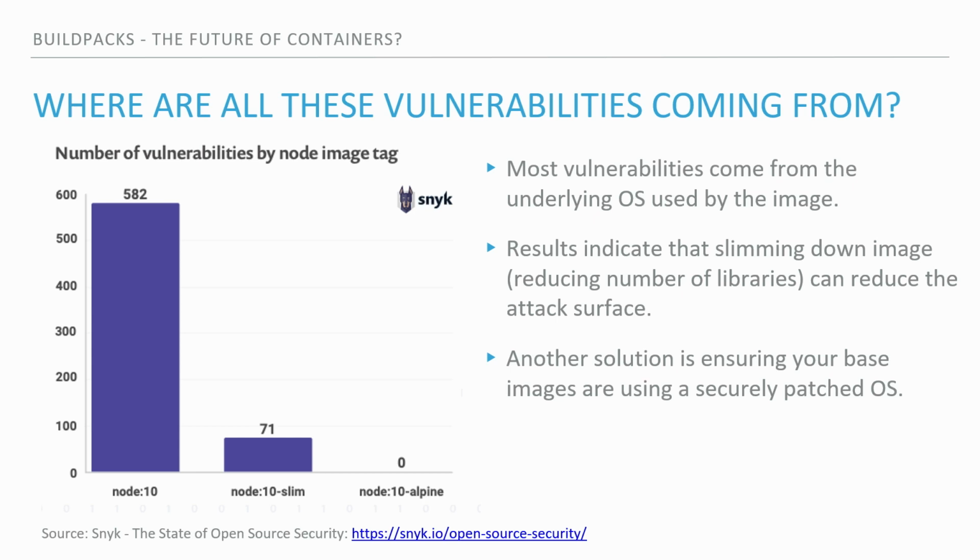As you slim down your image and cut things away, that reduces the vulnerabilities. Another source is the operating system that it's using. Maybe it's using Ubuntu, but an older version. So those are the main areas where you'll get vulnerabilities.